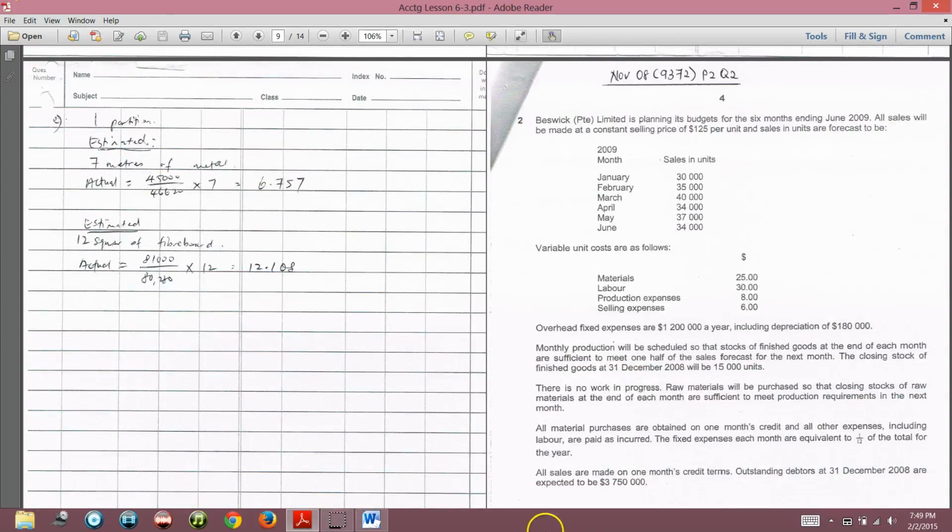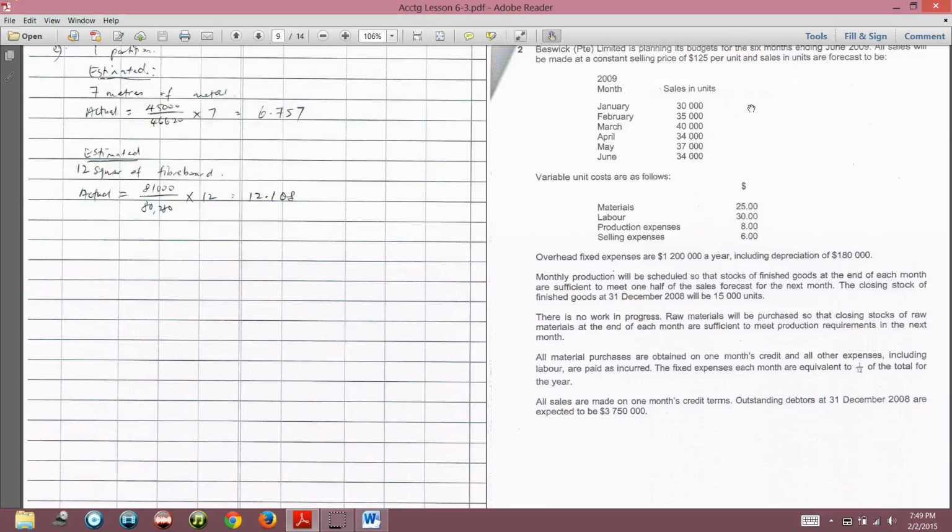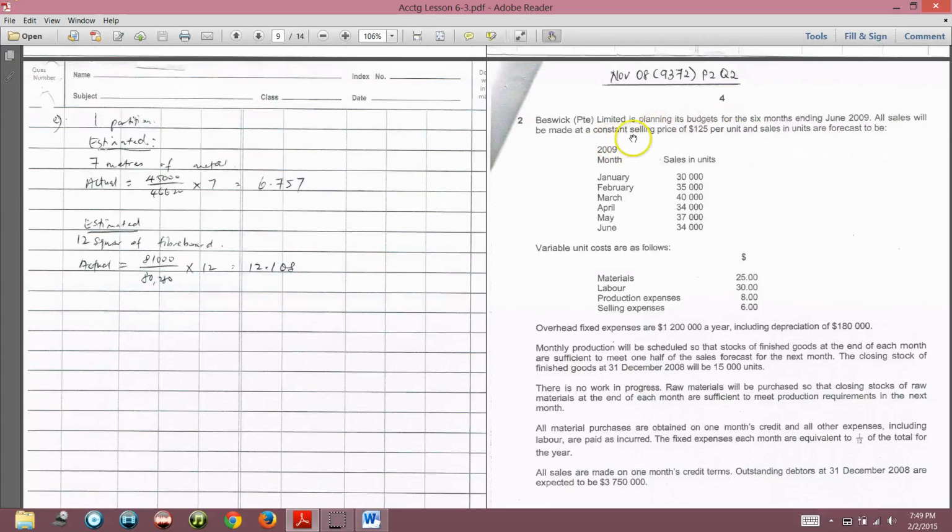So now we go to the next question. November 089372, paper 2, question 2. Bestwick Limited is planning its budget for the 6 months ending June 2009. All sales will be made at a constant selling price of $125 per unit, and sales in units are forecast as follows.